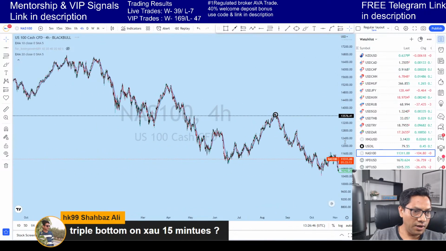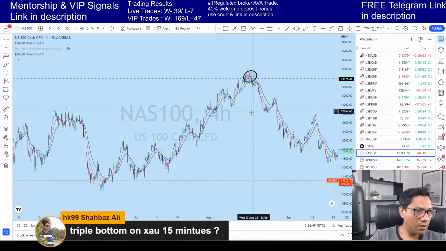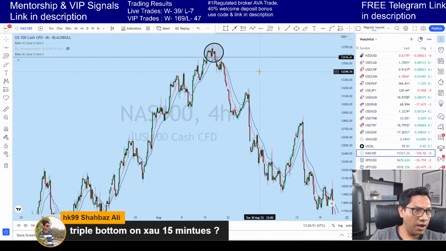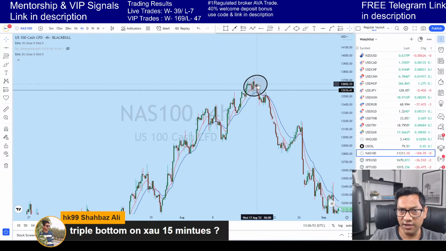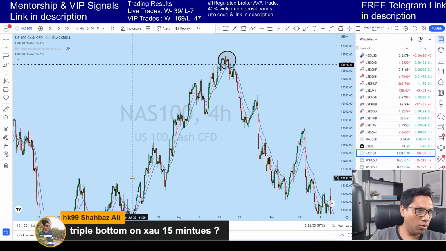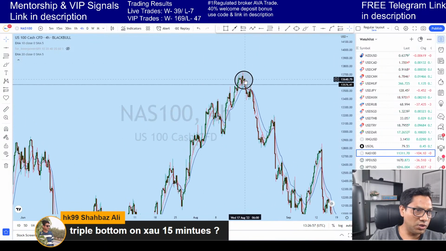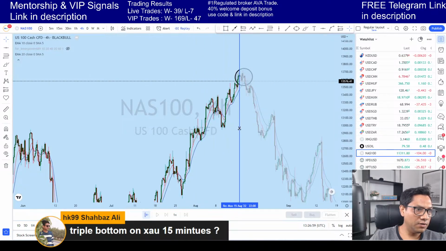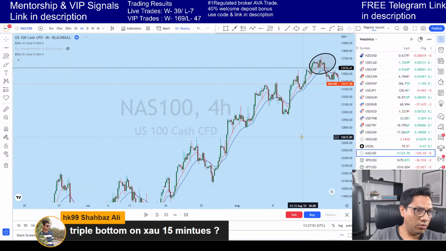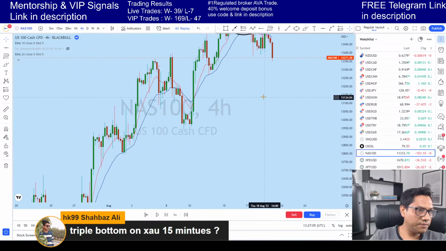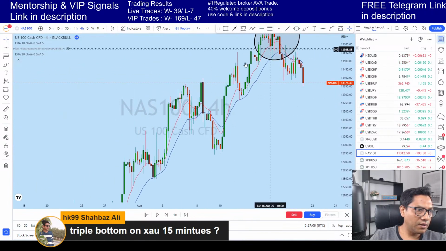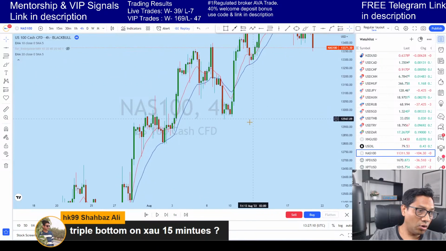All right, now why I have drawn this circle here, ignoring, let's say when the price was here. Now there is in fact a lot of double top.